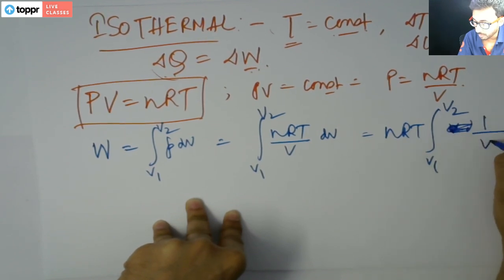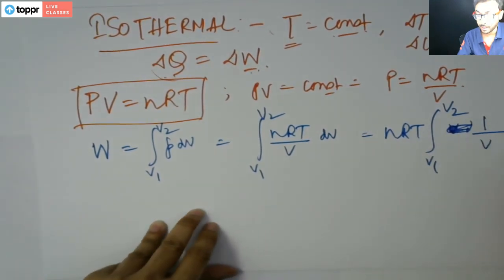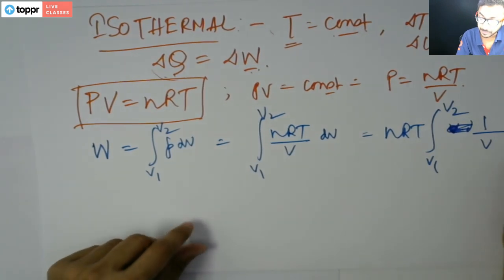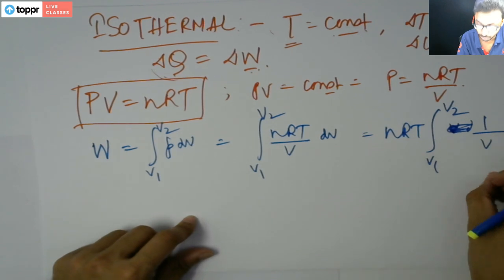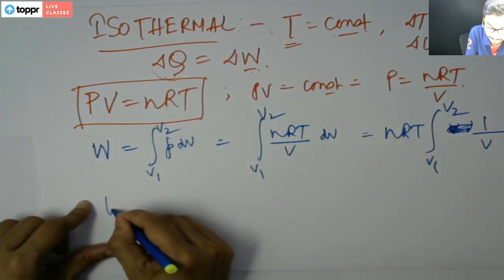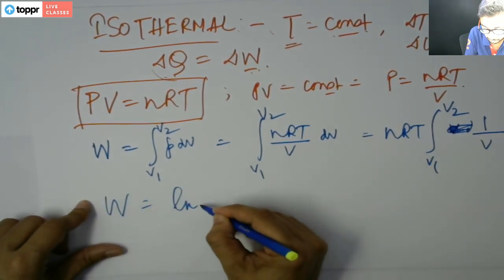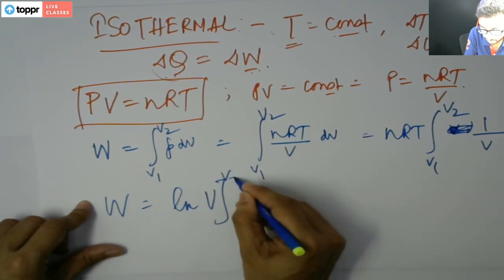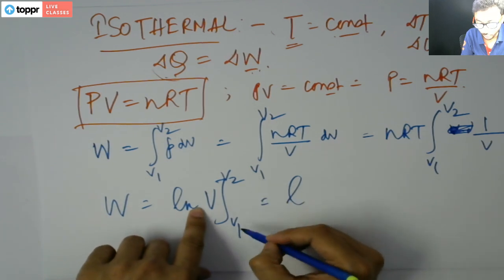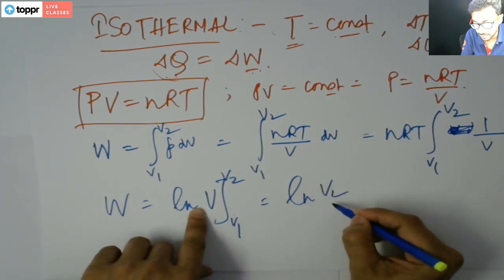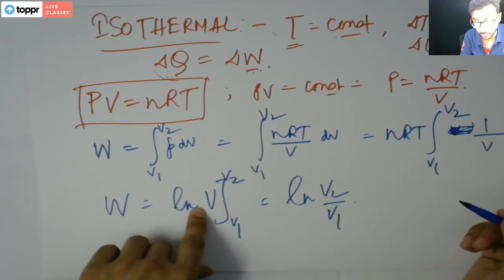It is 1 by V into dV. Now 1 by V dV integration is nothing but log to the base e, or it will be log V2 minus log V1, that becomes log V2 by V1.